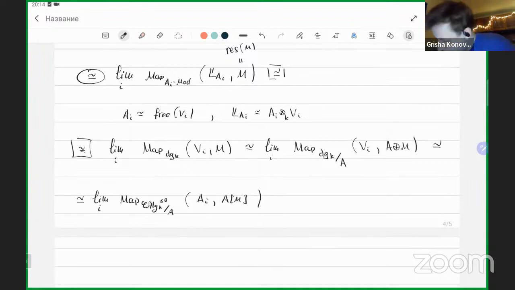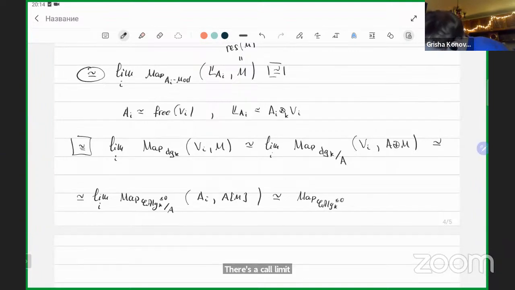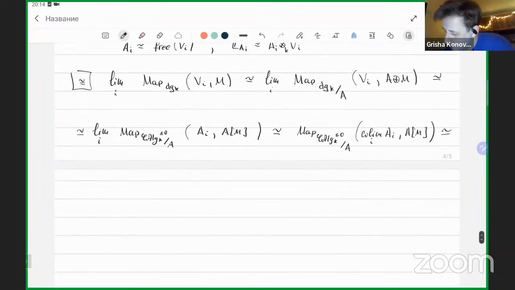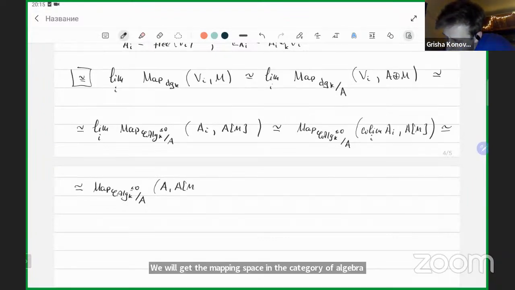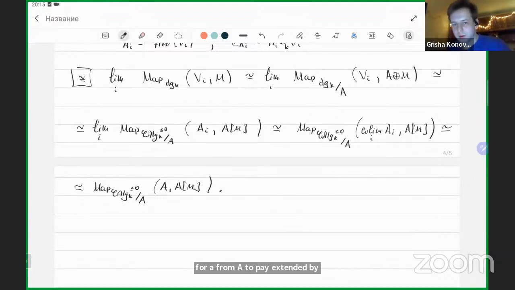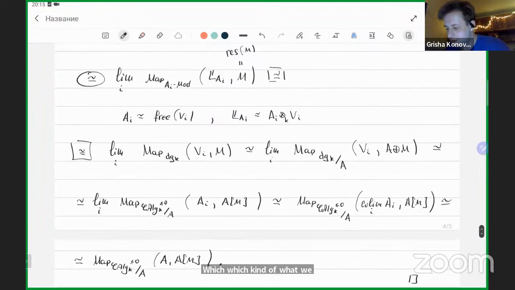And now we can pull the limit back in as a colimit, and pass that colimit, and we will get the mapping space in the category of algebras over A from A to A extended by M, which is kind of what we aimed for. And this finishes the proof of the lemma.